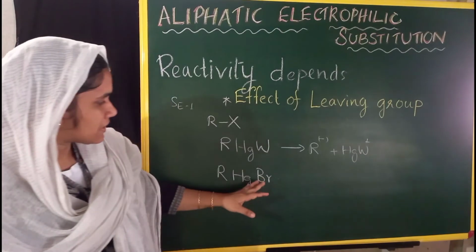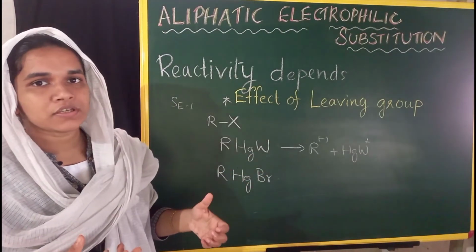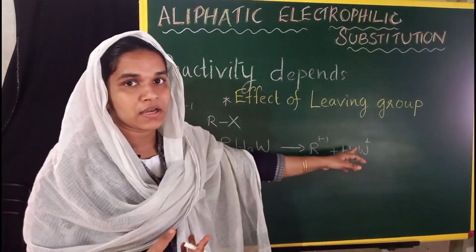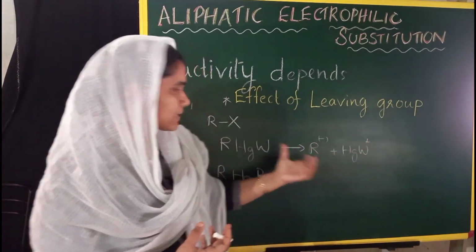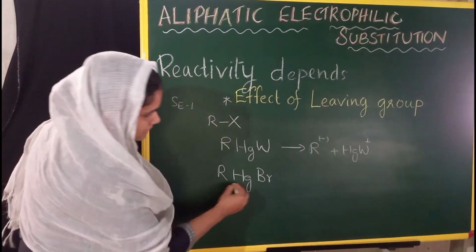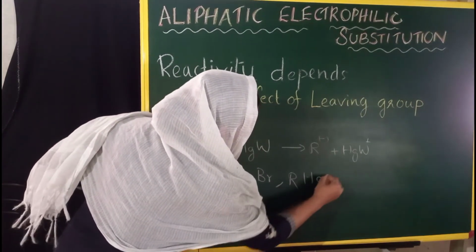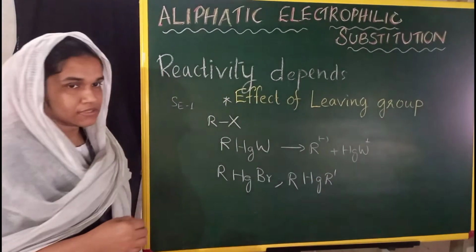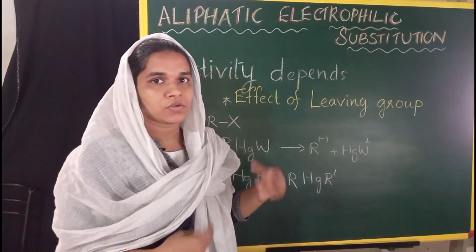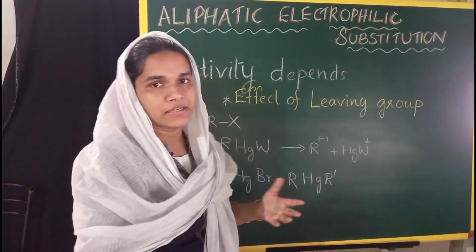But if it is an electron withdrawing group, it will not stabilize this cation, so the reactivity will be much less compared to the reactivity of RHgR', where R' is also an electron donating group, an alkyl group.